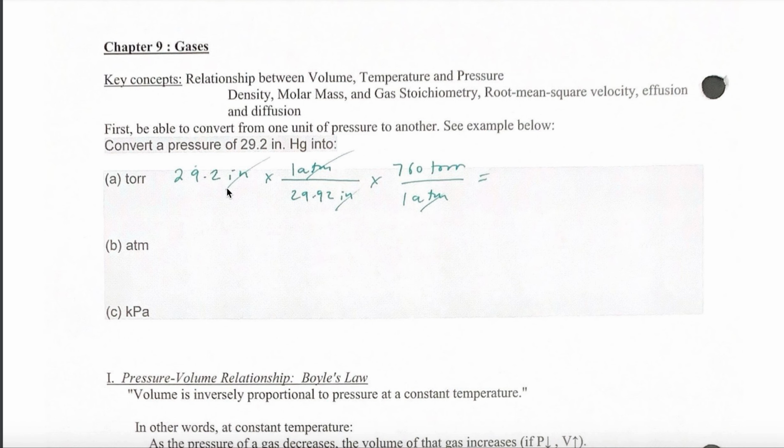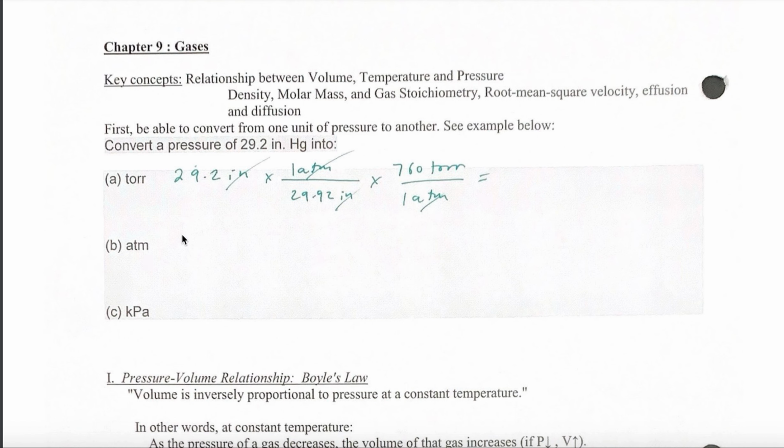If you have 29.2 inches of mercury, 1 ATM, that's the normal pressure at sea level. That's 1 ATM equal to 29.92 inches. That's the conversion. So you set it up 1 ATM on the numerator on top over 29.92, cancel out the inches, you got the ATM.